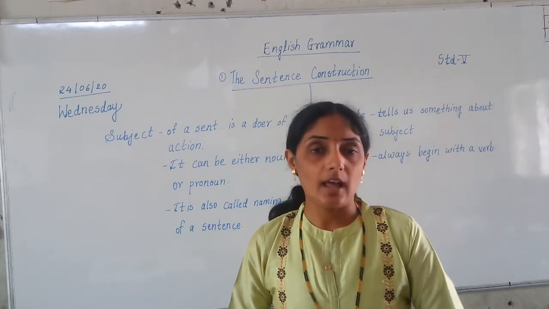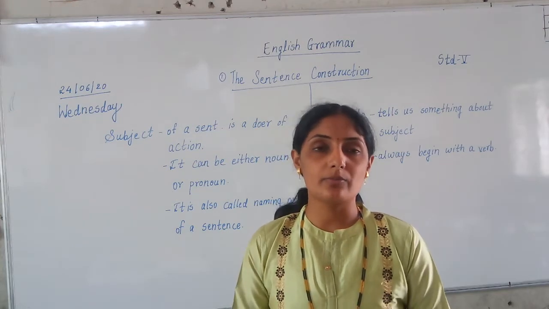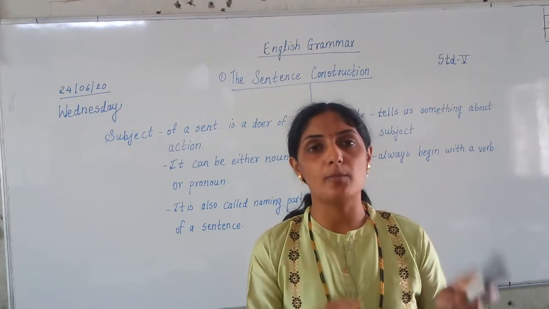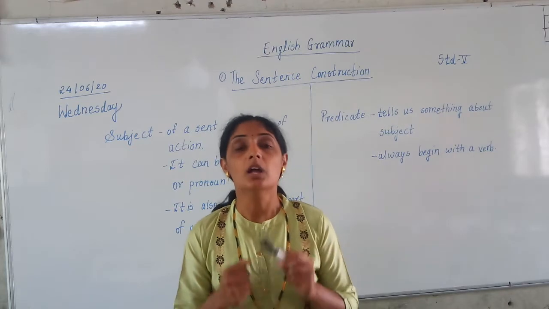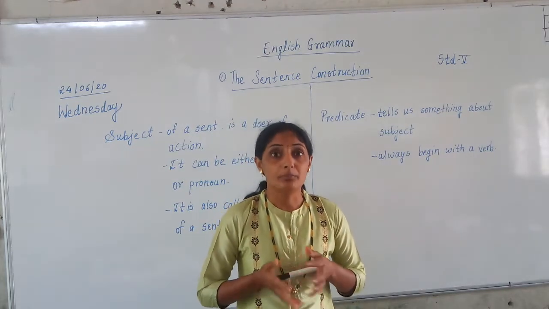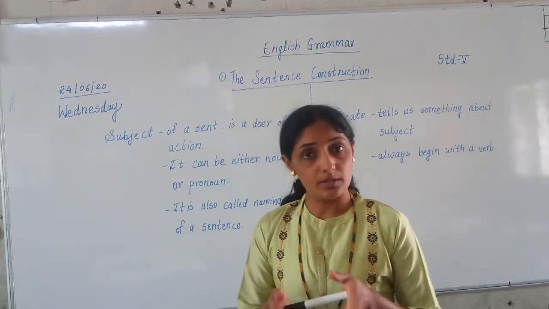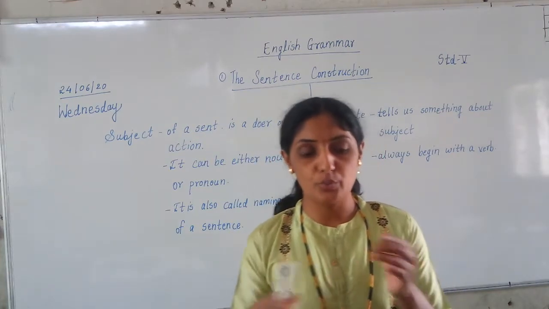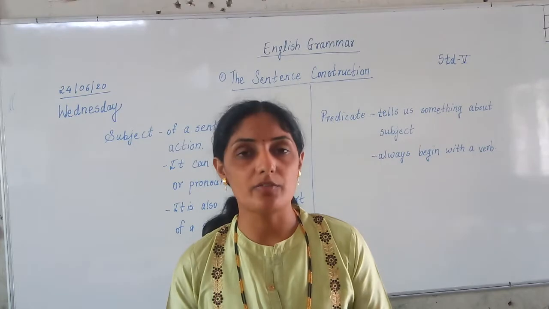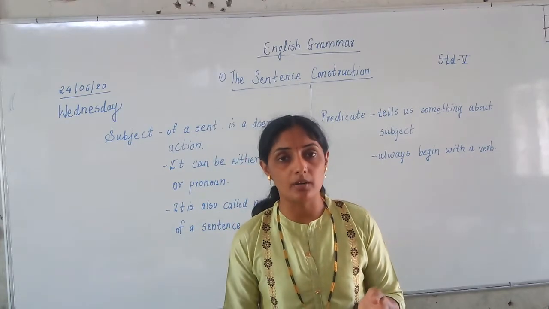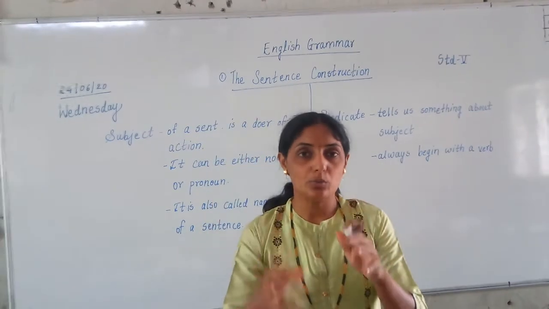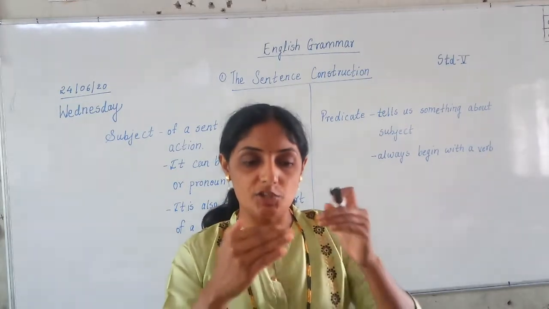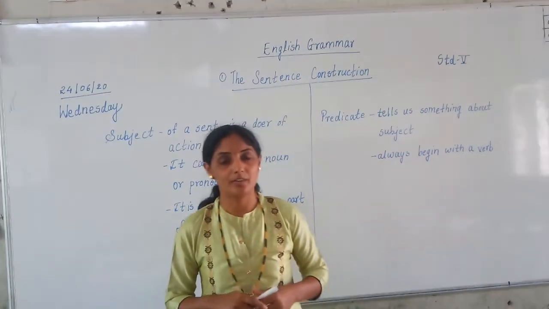I told you yesterday about nouns and pronouns. Nouns mean name of a person, place, thing, animals, birds. And pronouns are I, we, you, he, she, it, they, that we have studied in last year's English grammar. Do you remember?